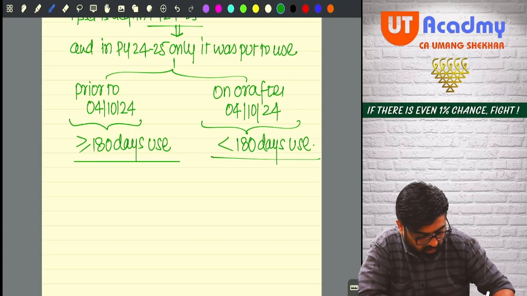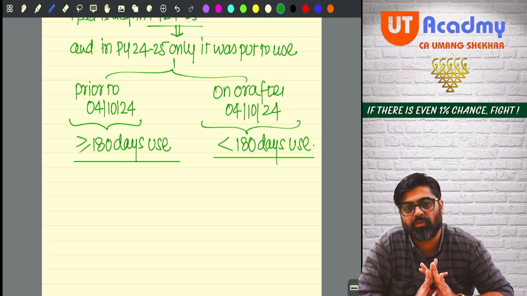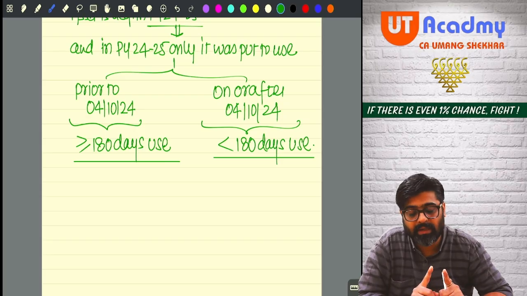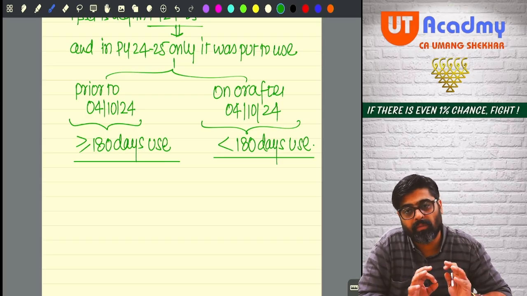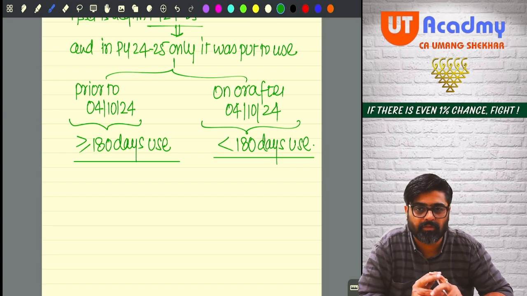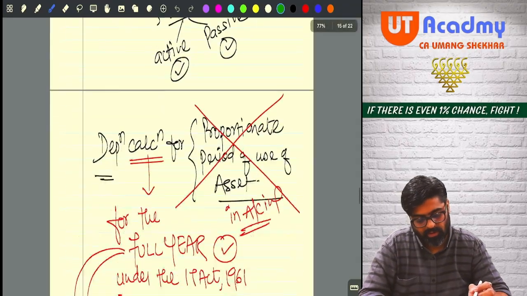So you are supposed to go and check in the question the date when the asset is put to use. If that date is my birthday or any day after that, put to use for less than 180 days. If that date is prior to my birthday, it will be 180 days or more. That's it. Will you remember this? Very good. Come on.